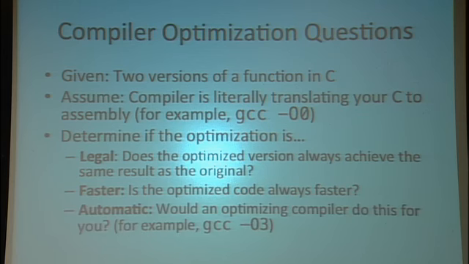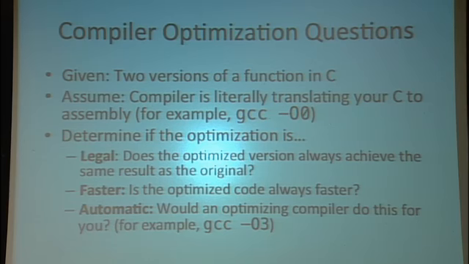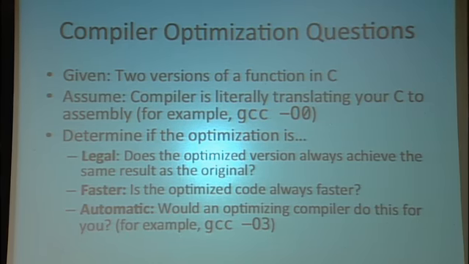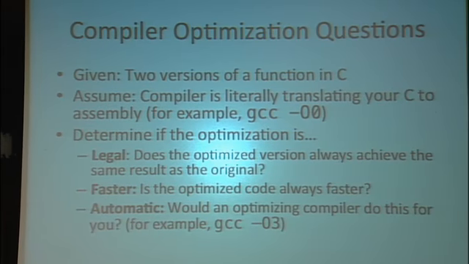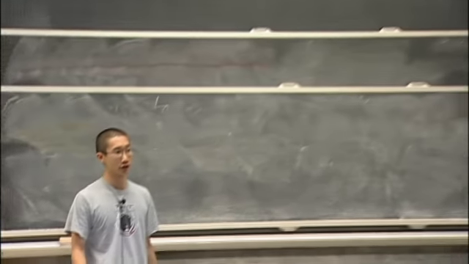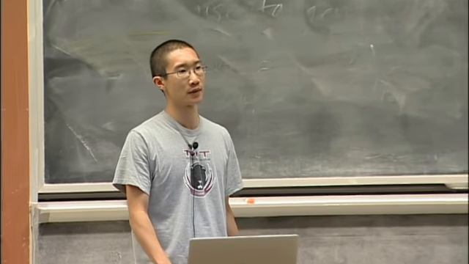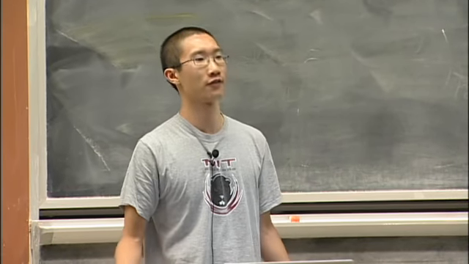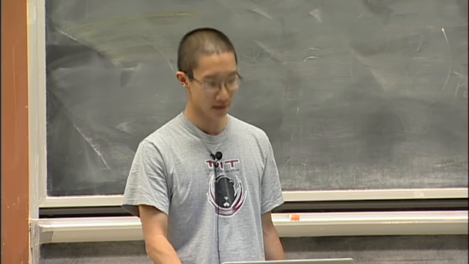And then finally, I'm sure by this point everybody knows that when you compile with GCC -O2 or -O3, the compiler does a lot of things for you. So there's oftentimes no point in writing certain optimizations by hand when you know that when you hit the compile button, the compiler is going to do it in the background anyway. So this question asks whether or not you can reasonably assume that optimizing compilers, like the ones you're using for your projects, would do this optimization for you, or should you take the effort to do this optimization by hand.